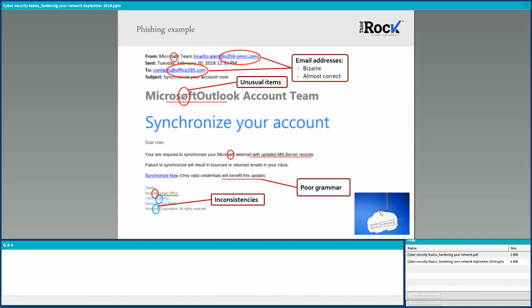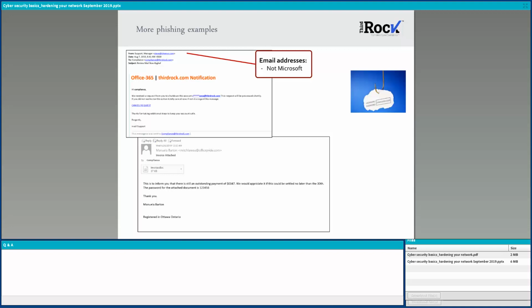This is a fairly flagrant example, but here are a couple of examples that are not quite so flagrant. In the first, the only two really telling issues are that the person who sent this email is not from Microsoft, and there's an odd signature line.